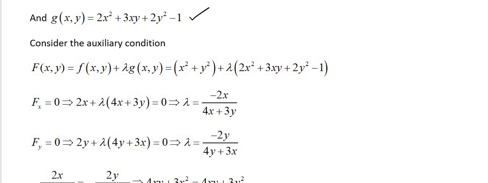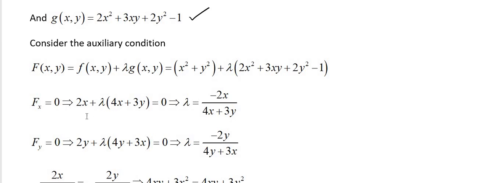Now I am going to differentiate partially with respect to x and equate that value to 0. This is the partial differentiation of F with respect to x. When we are doing partial differentiation with respect to x, y is constant. Constant differentiation is 0.